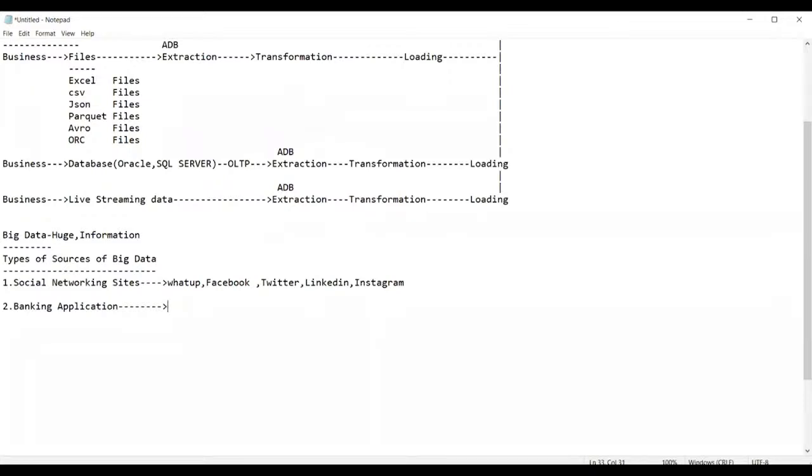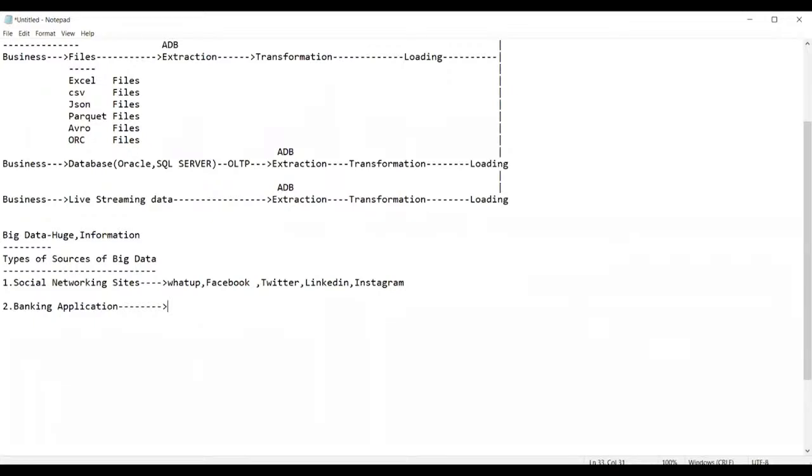Suppose you go to a bank and get an entry done in your passbook. You have made some entries: a cash withdrawal, a deposit, an online transfer, some purchases. You have done only 3 transactions, but it will print 7 to 8 lines, the balance, the deduction after the debit.